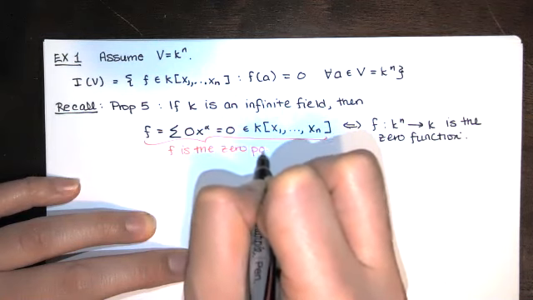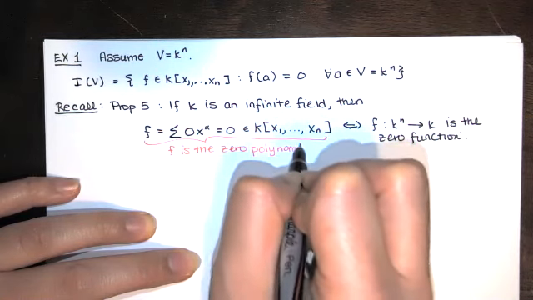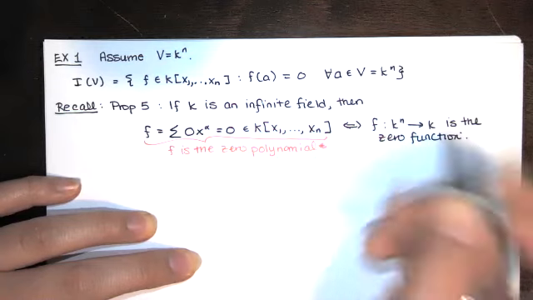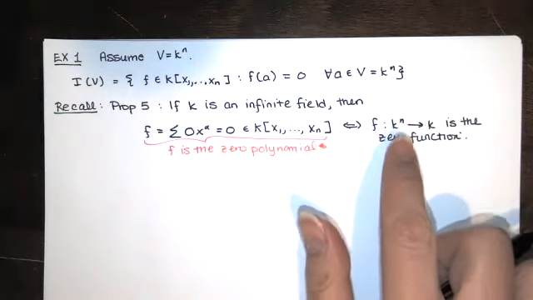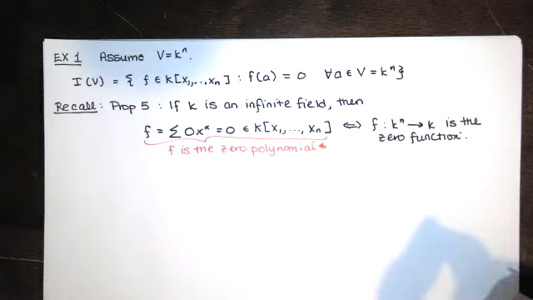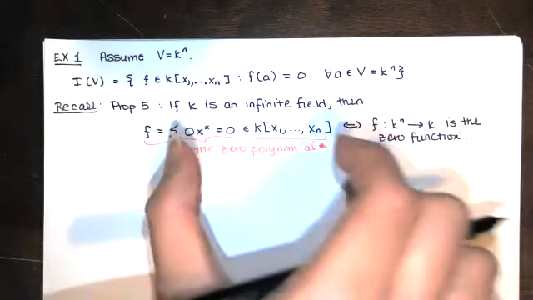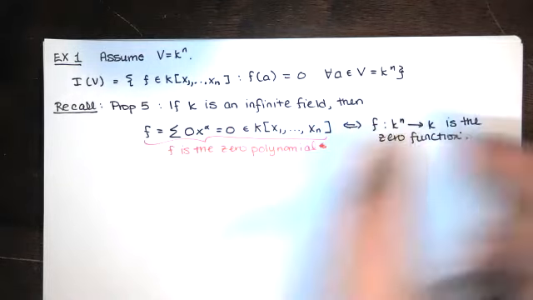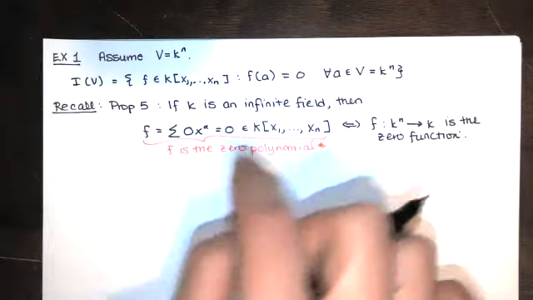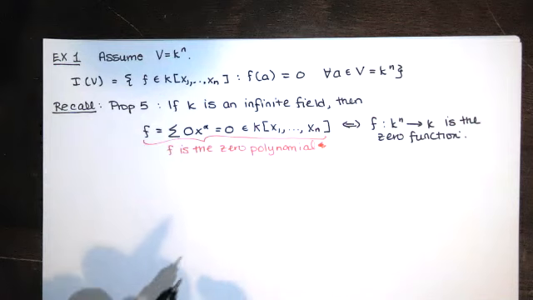Now remember, the 0 polynomial is the polynomial whose coefficients are 0. This is saying that no matter what point we pick in n-dimensional space, we always get 0 out from this. These are equivalent to each other. They're interchangeable. This implies this, and this implies this, if K is an infinite field.